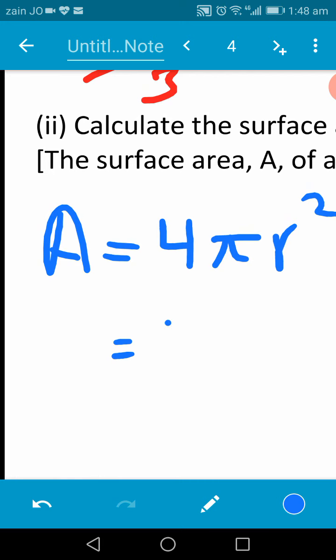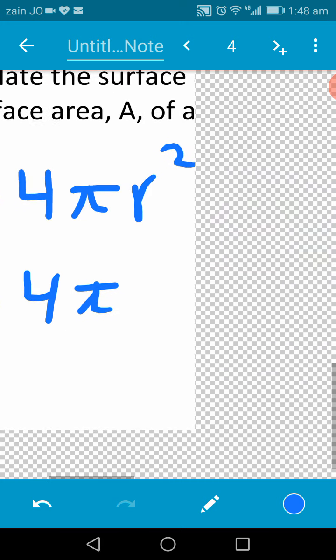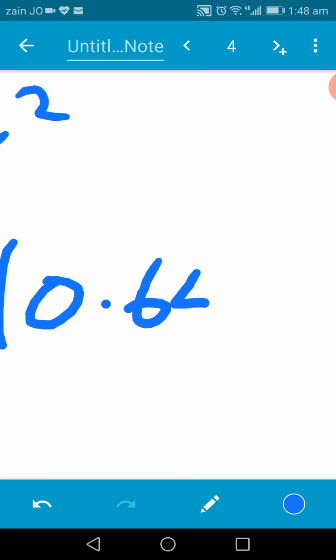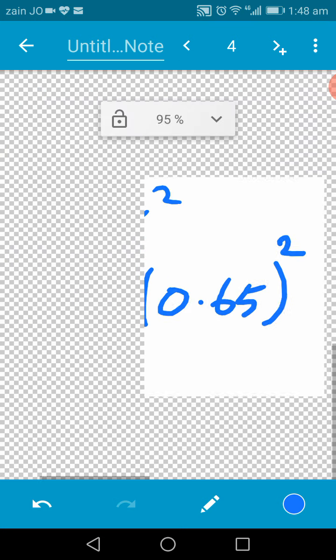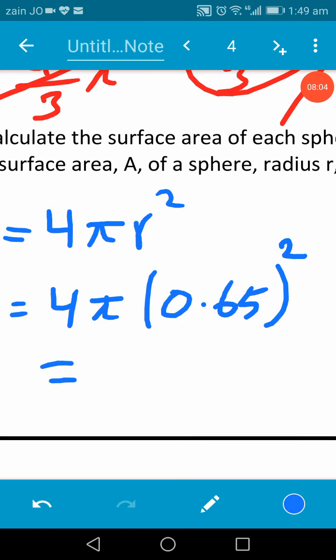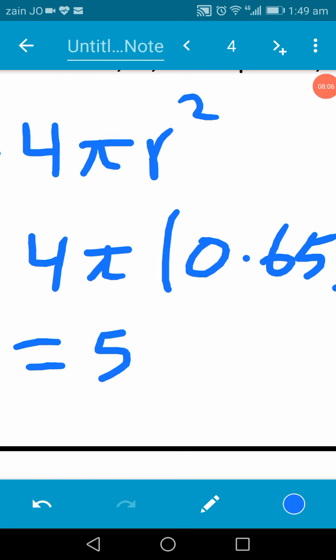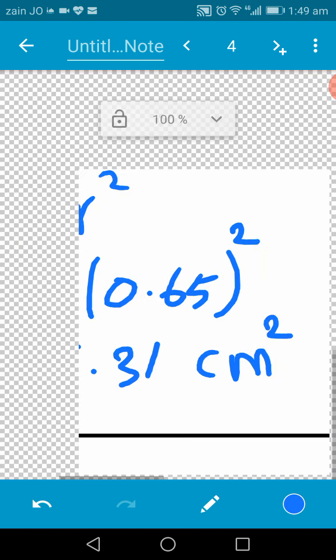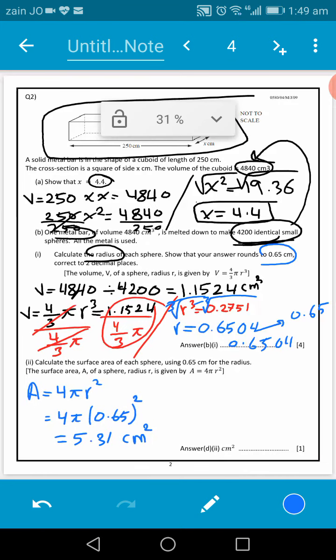So it is 4 pi, and it says use the radius 0.65 squared, which is equal to 5.331 centimeter squared. Okay teacher, this is the answer for this question.